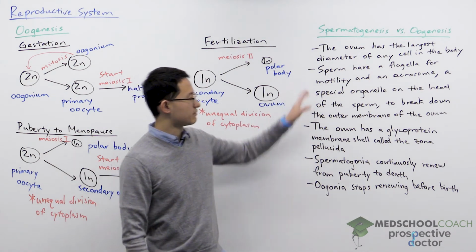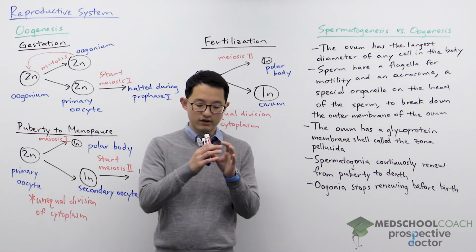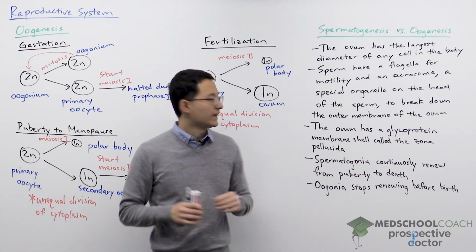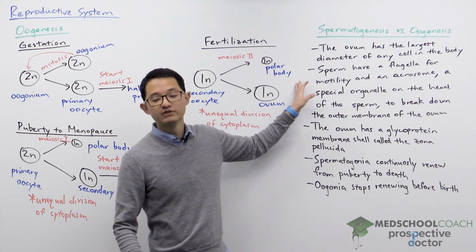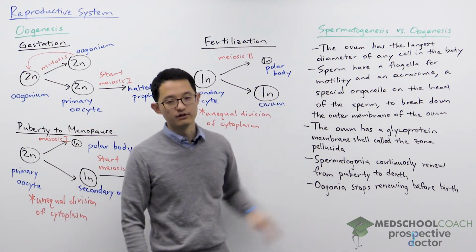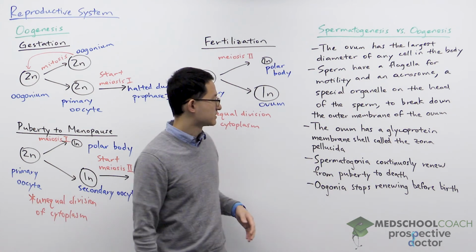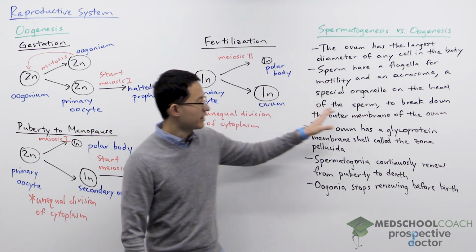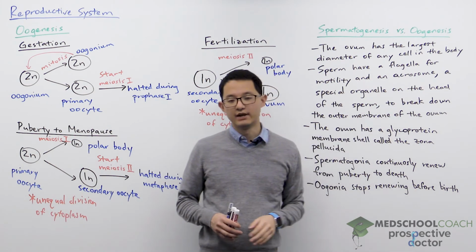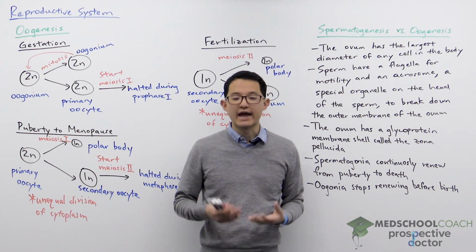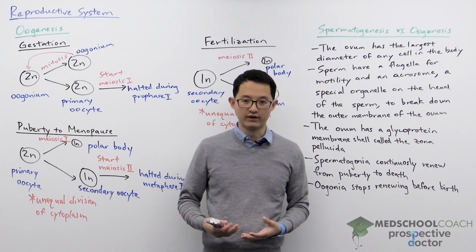The sperm cell has a particular structure, with a cell body, which is considered the head, and then a flagellum. The flagellum is important for motility, so the sperm is capable of moving through the female reproductive tract. In addition, on the head of the sperm, there is a special organelle called the acrosome. The acrosome contains special enzymes for breaking down the outer membrane of the ovum.